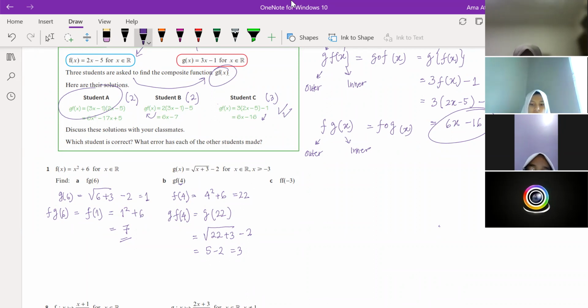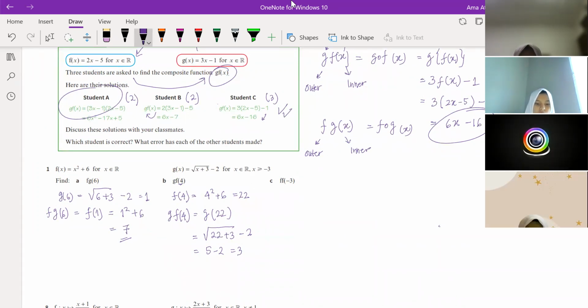Okay, and then let's have a look at question number C. Okay, there is a question here. Where does 22 come from? 22 comes from, look at this here. If we are finding the composition of a function, firstly, we need to do the inner. Remember, the inner is the inside function.